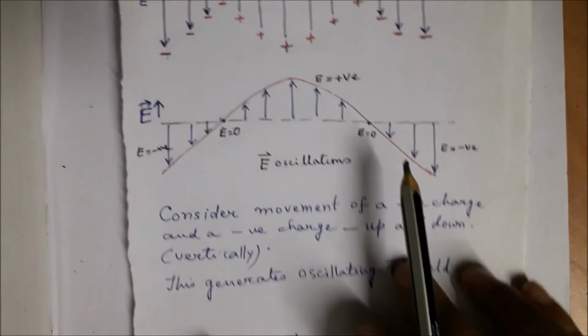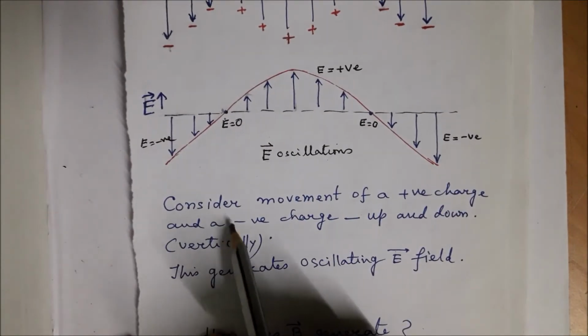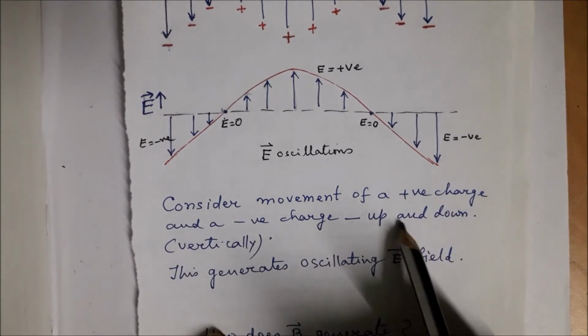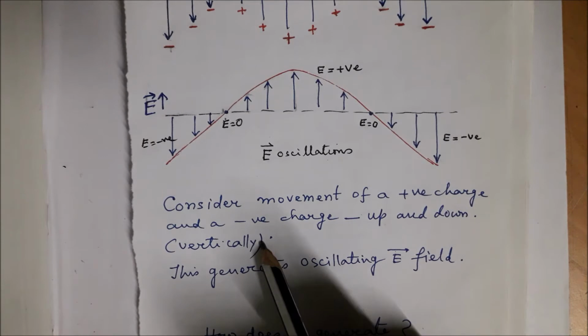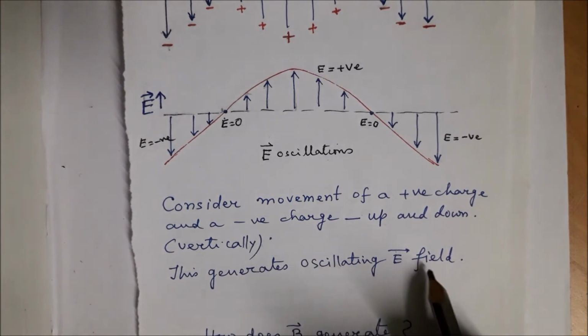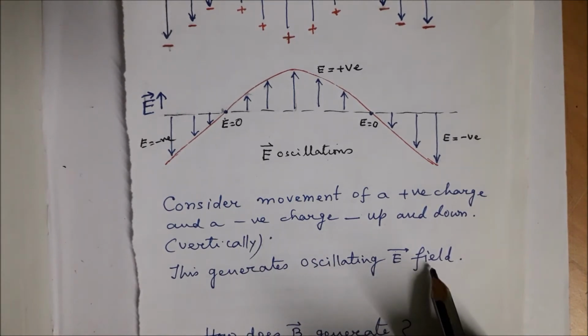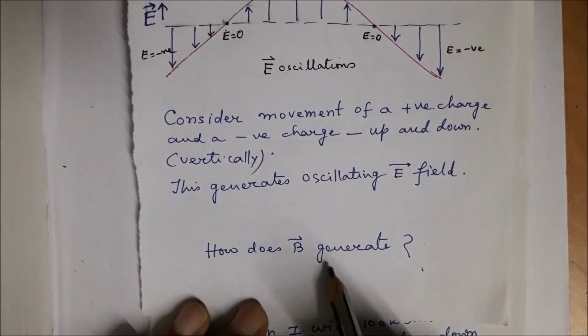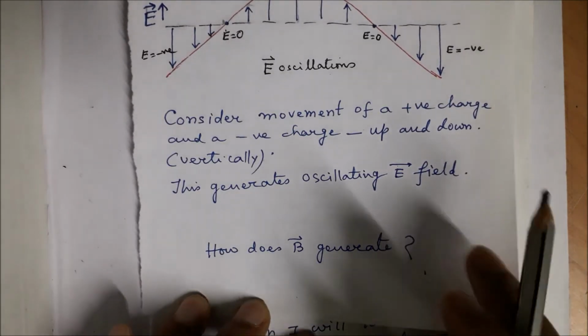So in a nutshell, if we consider movement of a positive charge and a negative charge up and down, that is vertically, then an oscillating E field is generated. Now let us consider how a B field is generated.